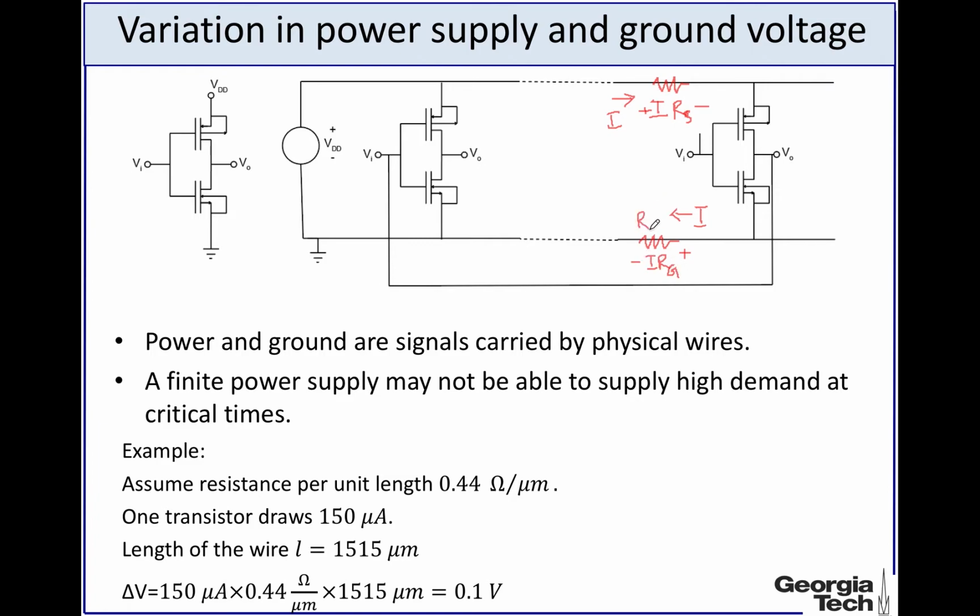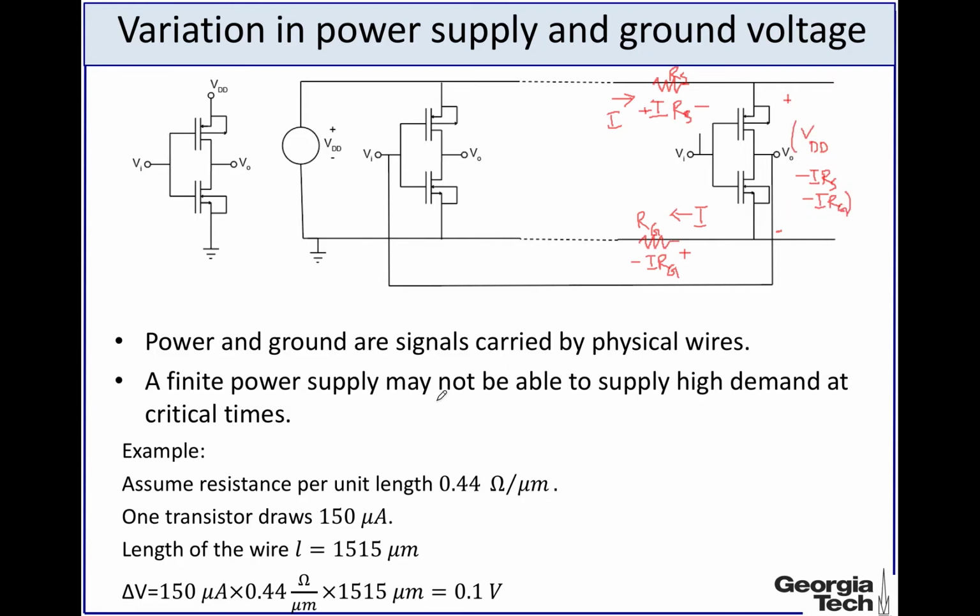RG is the resistance of the ground line and RS is the resistance of the supply line. So essentially the voltage across this inverter, rather than being VDD, will actually be VDD minus IRS minus IRG. So this inverter will see a smaller voltage than VDD.